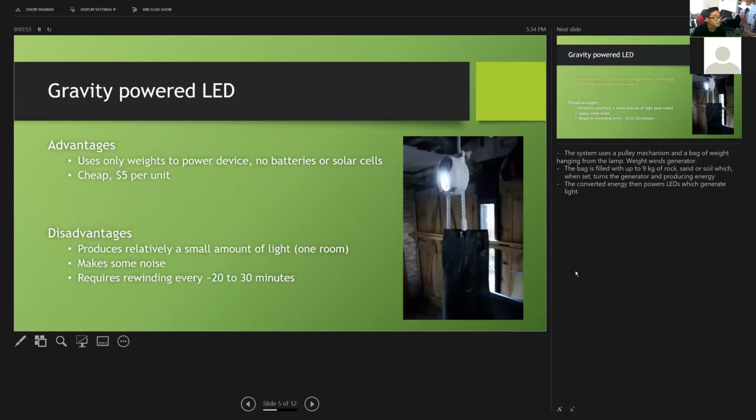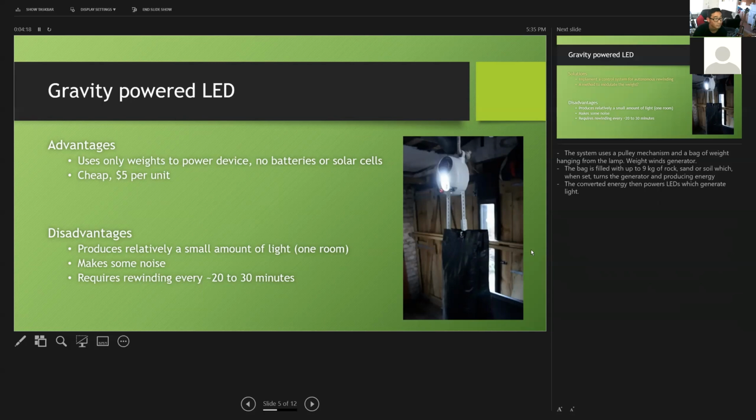And part of looking at potential solutions and problems with the current designs that are out in market, one of the advantages that we looked at in the gravity powered LED solution is something that's sustainable and reusable, doesn't require batteries, and it's cheap.